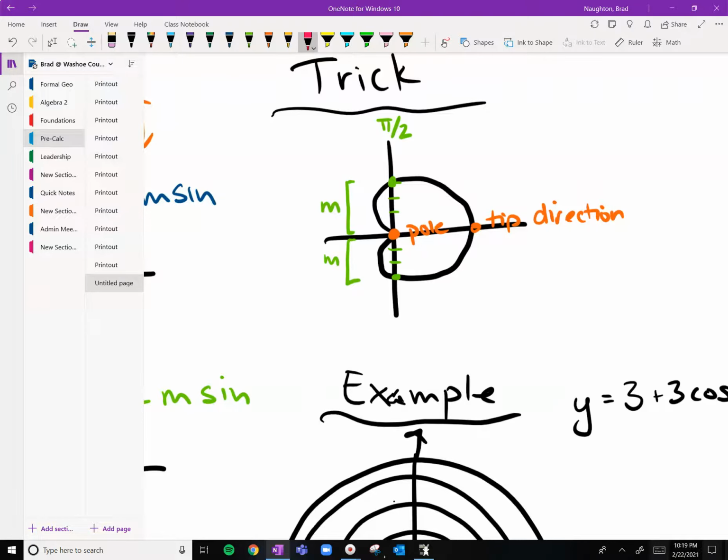Because now you know the tip direction, from your pole to the tip is going to be 2M. So from here to here is 2M. And then it should be the absolute value of these. So if they're negative, those are all values that we can understand. If this was 3 up and down, then this would be 1, 2, 3, 4, 5, 6.